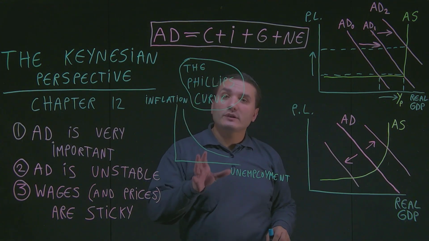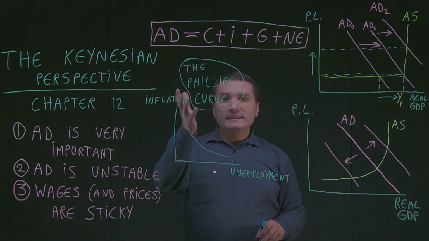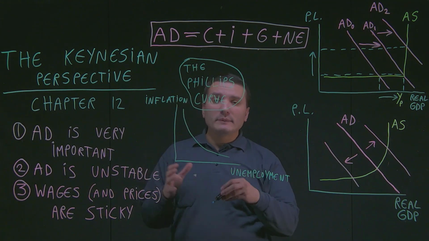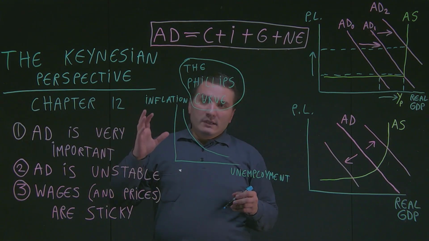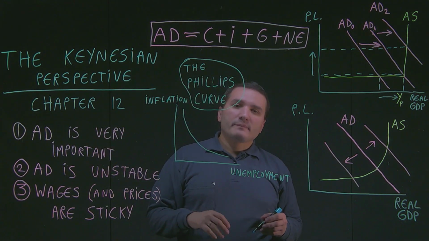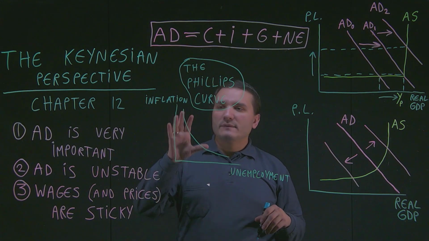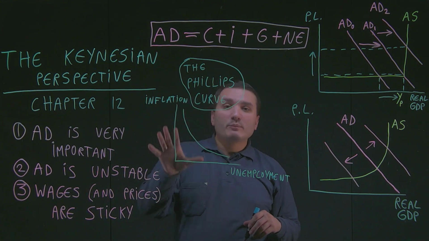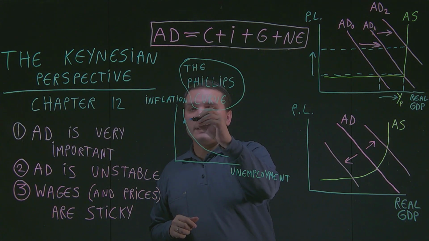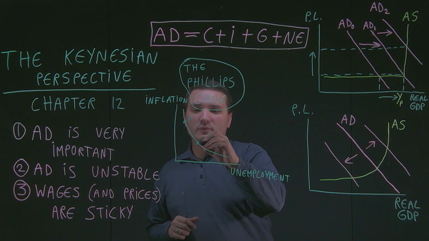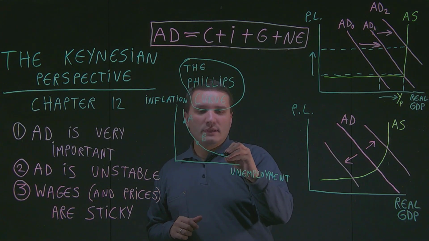Now, what the Phillips curve is showing us is simply this idea that there's a trade-off. An economy like that of the United States, a capitalist market economy, according to the Phillips curve, which is derived from the Keynesian perspective, is going to be at some point on the Phillips curve, whether it's here, let's say point A, or here, point B, or here, point C.